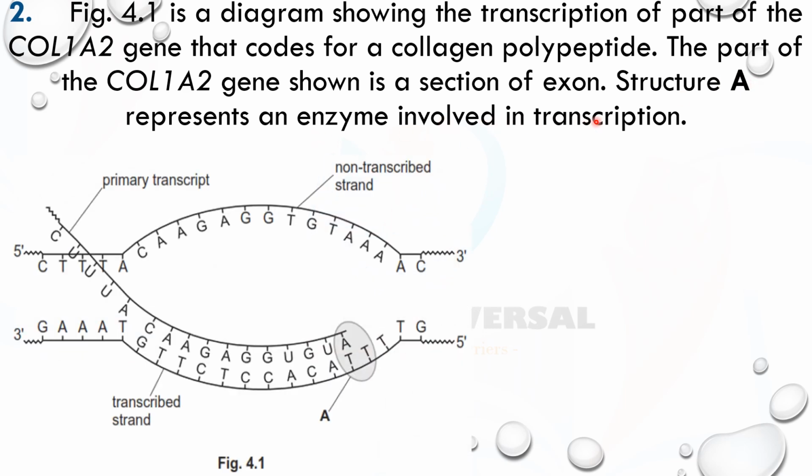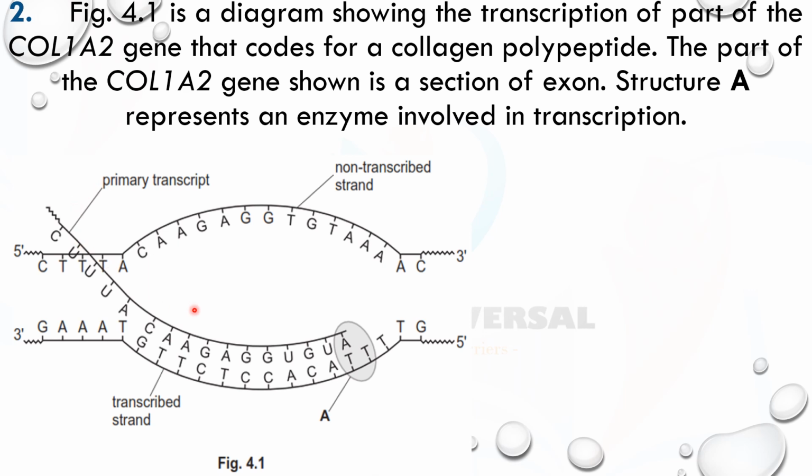So look at it. This is DNA transcription going on. This is the enzyme involved. Structure A is the enzyme that is synthesizing this primary transcript.